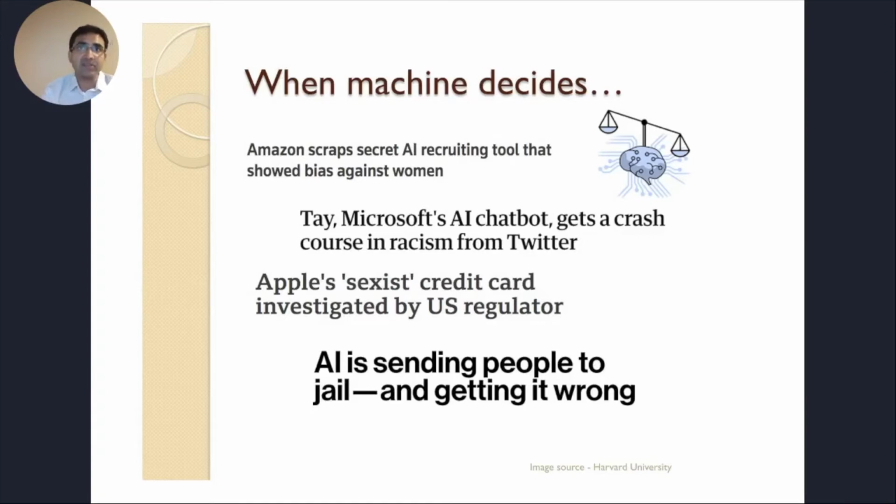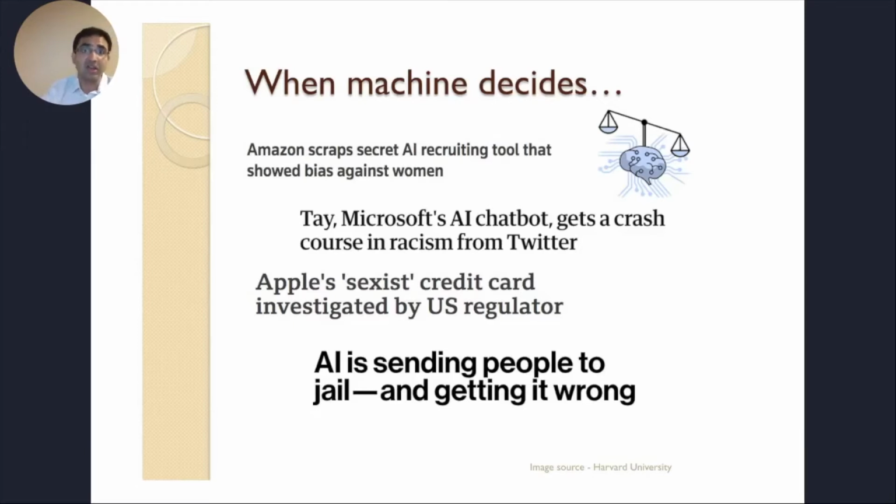So it is clear that bias can creep into machine learning models unintentionally, and it's important to identify the sources of bias before training the model and eliminate the possibility of bias in the initial stages itself.